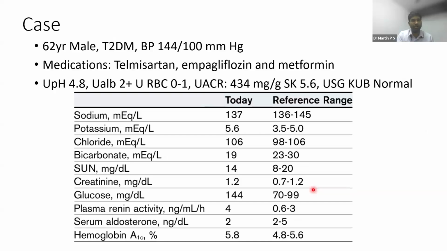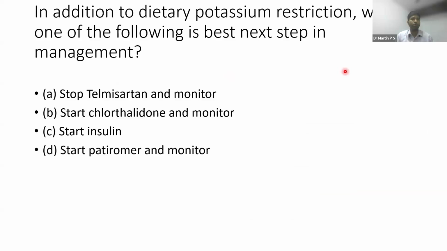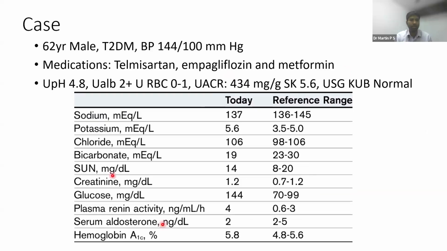So coming back to our case, this particular patient with hyperkalemia, you don't want to stop any of these drugs because it prevents retarding the progression of CKD. So what else will you do? Starting patiromer and monitor? Patiromer is not even available in India. And will you start insulin? This patient is having very well controlled blood sugars with 5.8 of HbA1c.